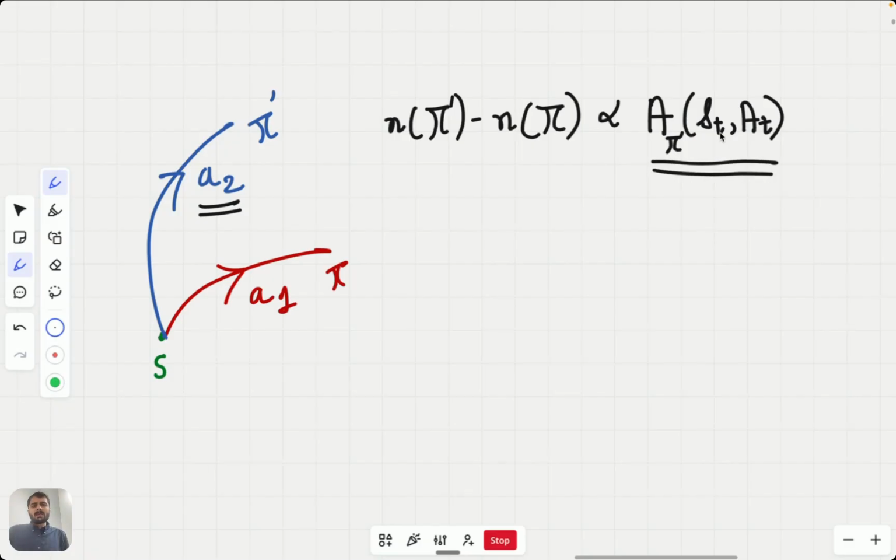My intuition tells me that if I calculate the advantage for a particular state and action for the new policy pi dash, and if the advantage is positive for all the states, it means that my new policy is, of course, better than my old policy because there is a significant scope for improvement at every single state of the entire episode.